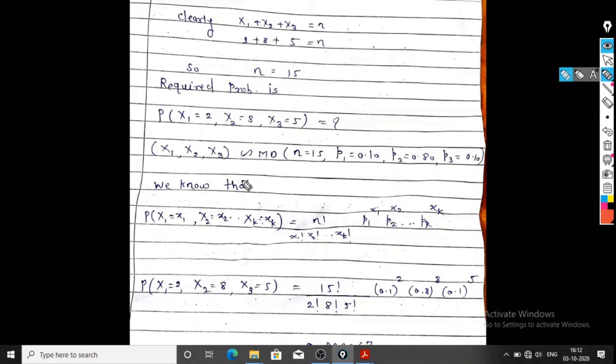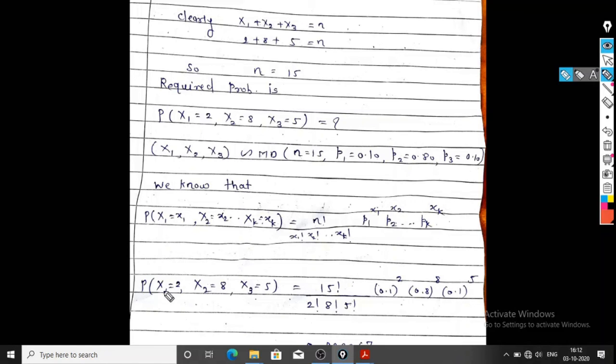We know the PMF of the multinomial distribution is: probability of X1 equal to x1, X2 equal to x2, up to Xk equal to xk is n factorial divided by x1 factorial into x2 factorial up to xk factorial, into p1 raised to x1, p2 raised to x2, up to pk raised to xk.